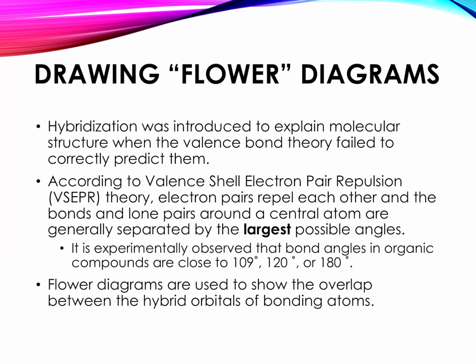So, a couple things. Hybridization was introduced to explain the molecular structure when valence bond theory failed to correctly predict them. This is like what we were talking about in methane, right? Carbon's valence electrons are in 2s and 2p. Carbon has 4 valence electrons, so 2 of them would be in the 2s, and 2 of them would be in the 2p.